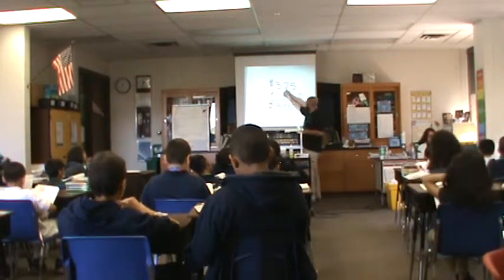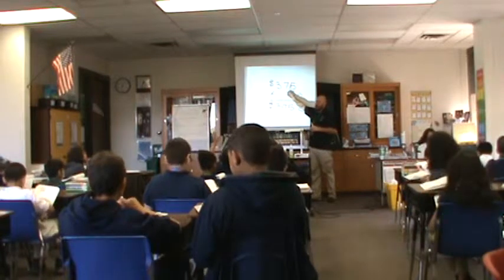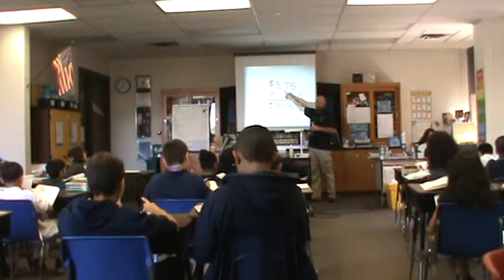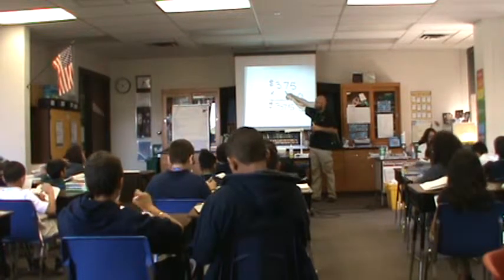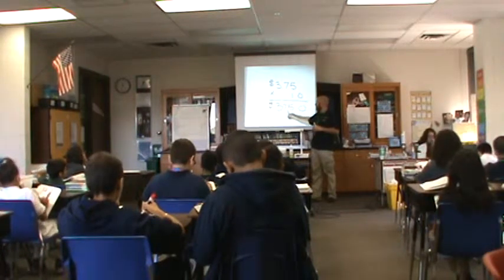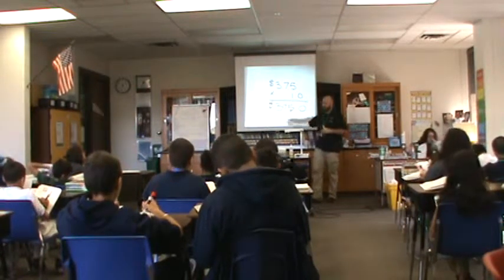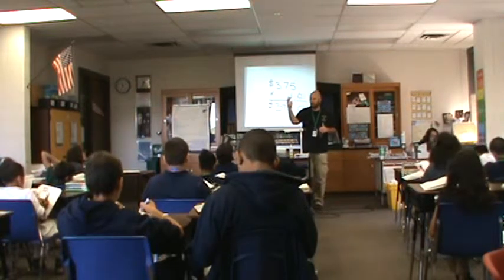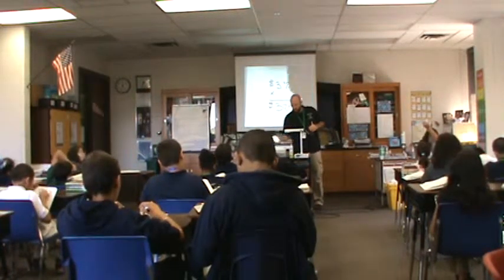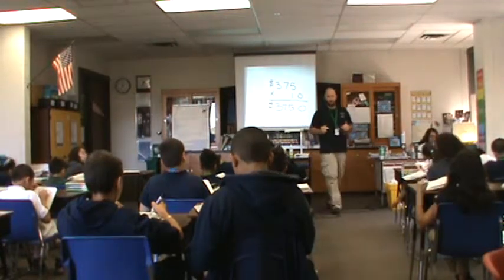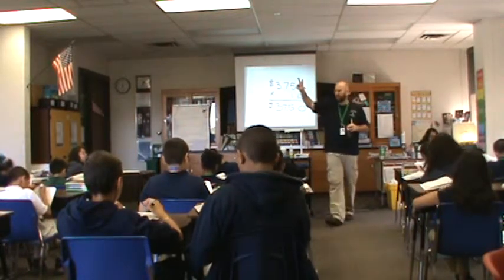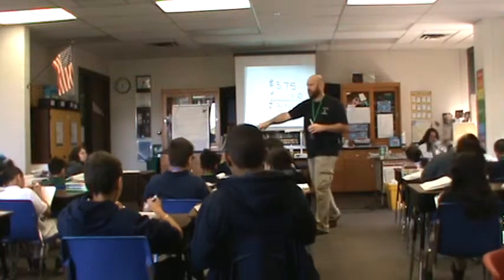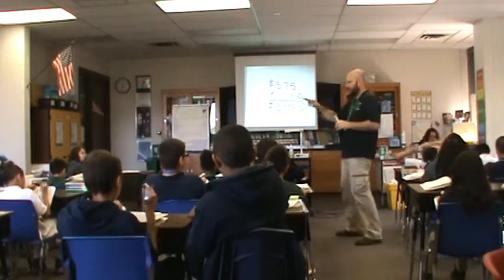How many spots after the decimal do we have here? 2. How many spots after the decimal do we need down here? Cheat code. 2. If your original number has 2 places after the decimal, you need 2 places after the decimal in the answer.